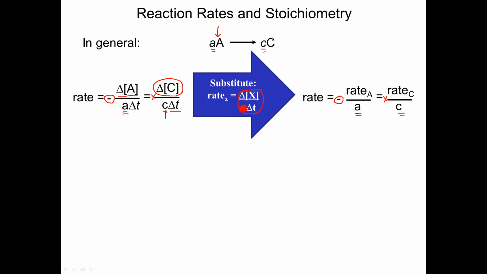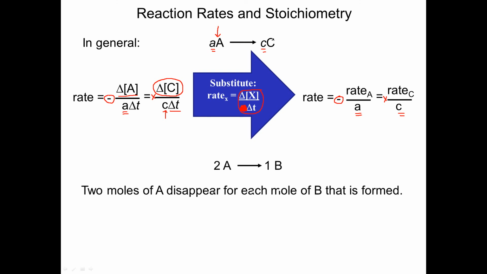So far we haven't really put this too much into practice, so let's do a practice problem. We've got a reaction. 2A goes to 1B. And we know that 2 moles of A, based on the coefficient, disappear or are consumed for each mole of B that is produced or formed.